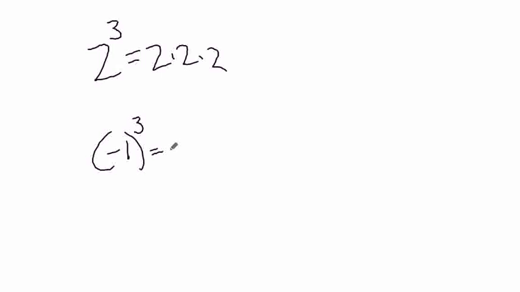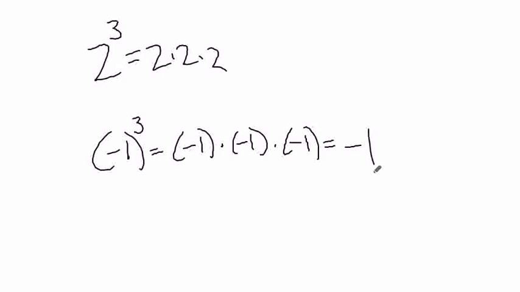First write out what it is in terms of products. And now you can just use what I've been talking about in this video. We've got 3 negatives. That's an odd number of negatives, so the answer is going to be negative. Then you ignore the signs for a minute and just multiply 1 times 1 times 1, so you get 1. So if you understand multiplication with integers, you also understand exponentiation with integers, is what I'm trying to say.